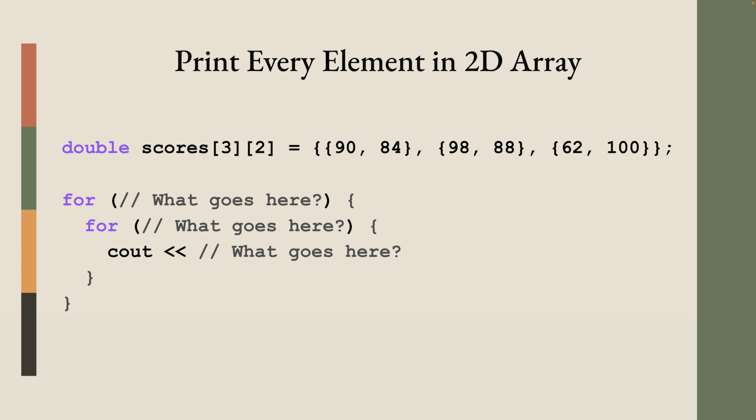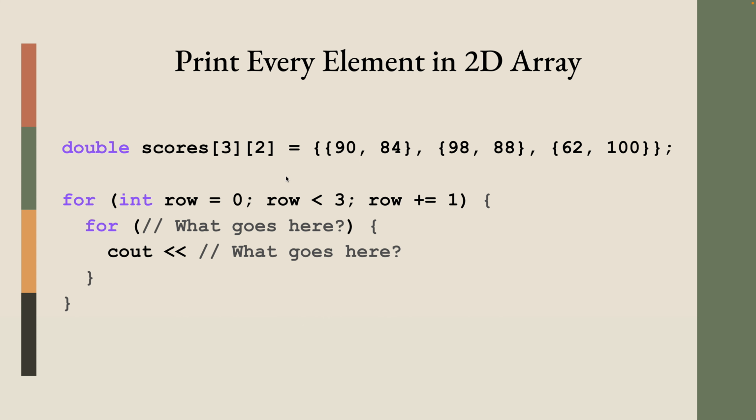Okay. So outer for loop. We want to go over every row in this 2D array. So how can we set up the outer for loop? Okay. And then what's the condition? Yeah, row less than or equal to 2, or we typically just make it less than the length. So we can say row less than 3. And then row plus equals 1.